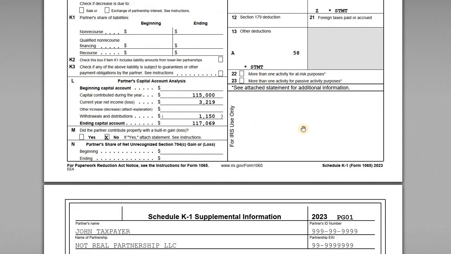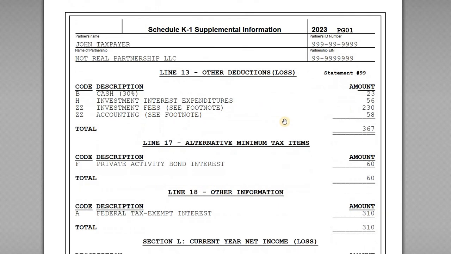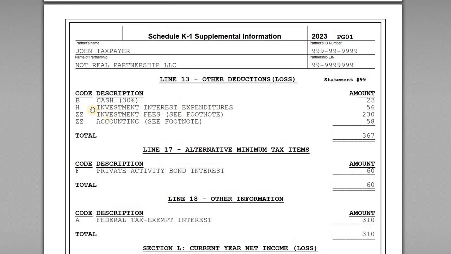If we go to the statement, line 13, other deductions, so these are all the items that are in line 13. So we can see here there's also a code 13B, cash 30%. So what's a cash 30% deduction? Well, when you make a donation to a public charity, so a 501c3 organization, you get that 60% AGI limitation. If you make a donation to a private foundation, it's lower, right? It's a 30% of AGI limit.